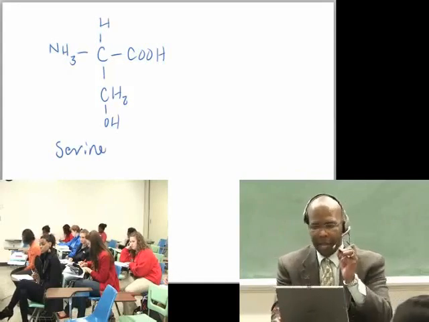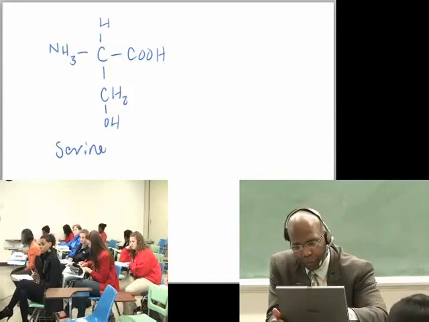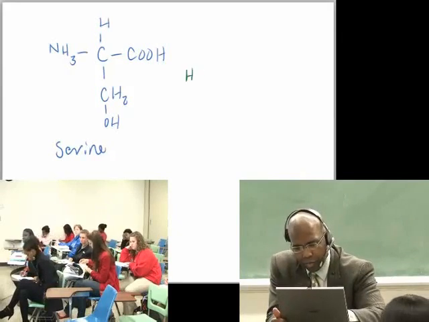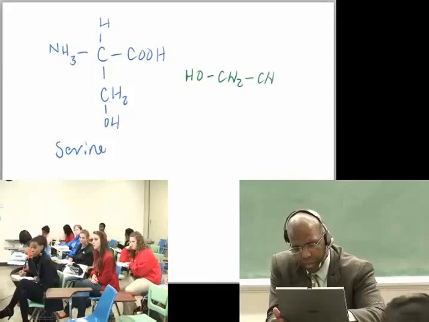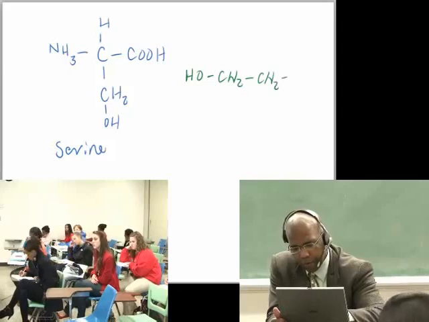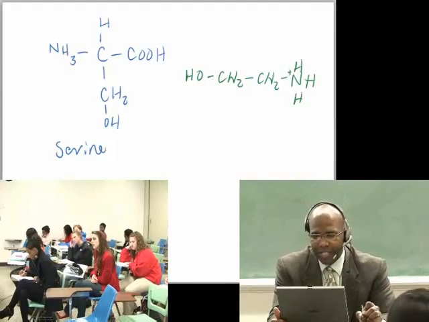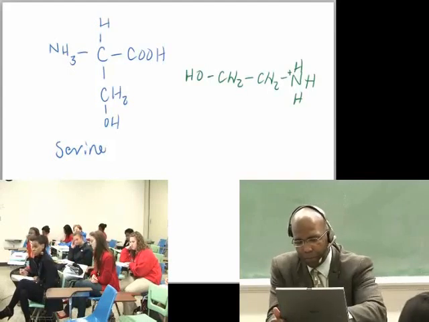Okay? Now I'm going to do something else. I'm going to draw something. I want you all to tell me what this is. Okay, I'm going to put it in green. HO, CH2, CH2, NH, H, H plus. Okay? What is the name of this molecule?